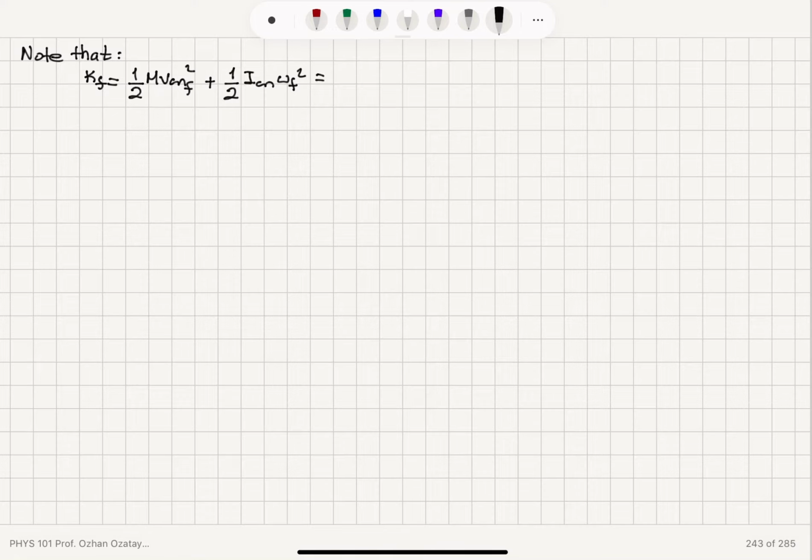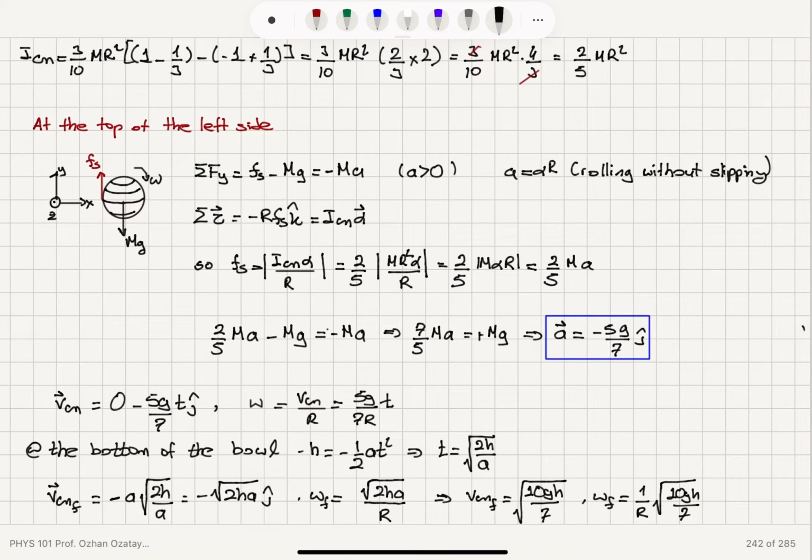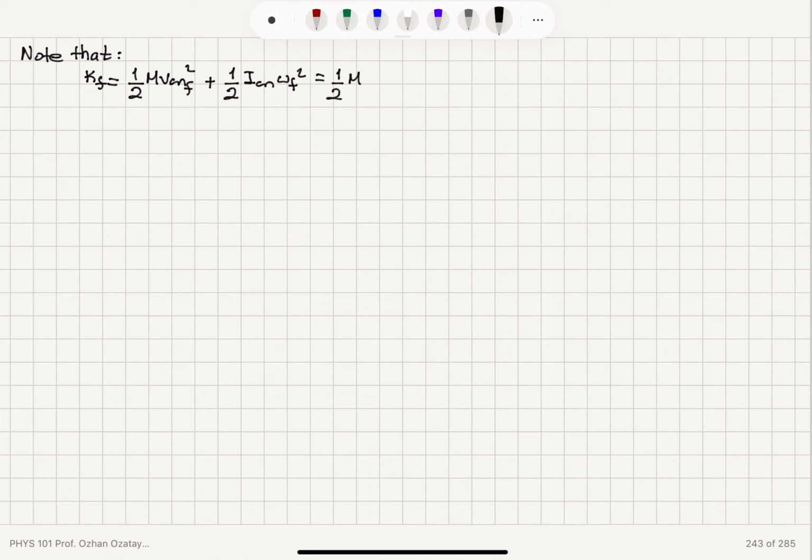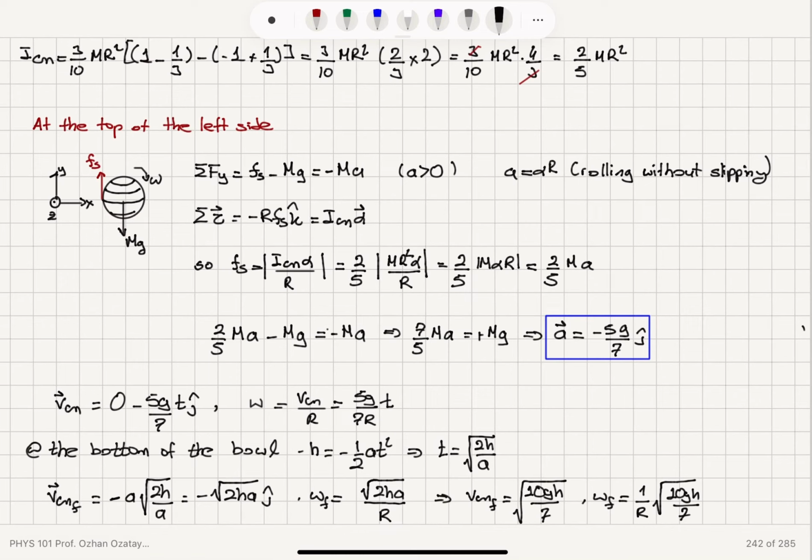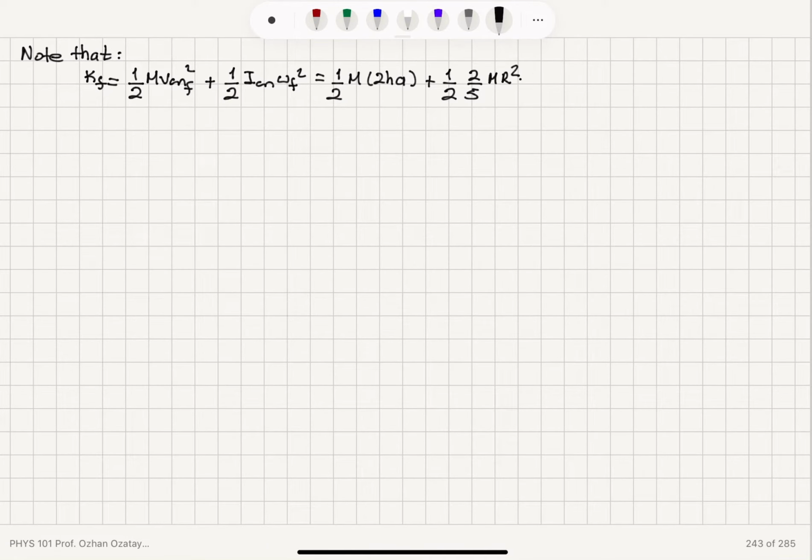So this will give us 1 over 2 m, v center of mass final we have found to be square root 2ha, so it's going to be 2ha, plus 1 over 2 I center of mass, we have found to be 2 over 5 m r squared, omega final squared, which is 1 over r squared 2ha. That's omega final squared.